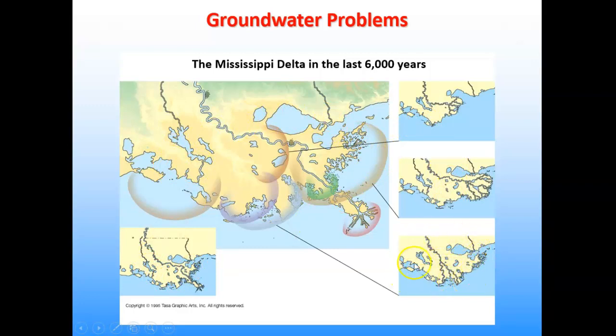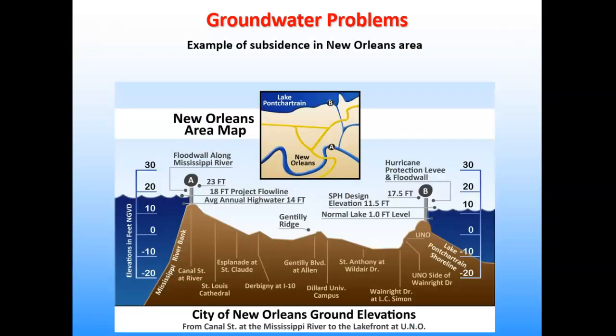And then we come along and we live on this. The problem is that this amount of sediment deposited so quickly sinks of its own accord as we pile more stuff on top of it. But then as we pull water out of it, it makes the problem worse, and subsidence can happen even faster.